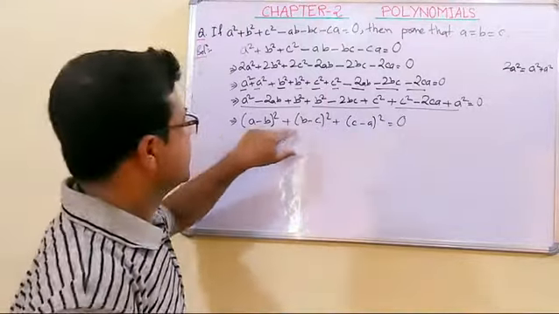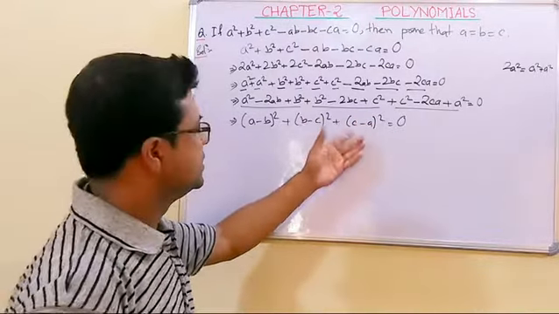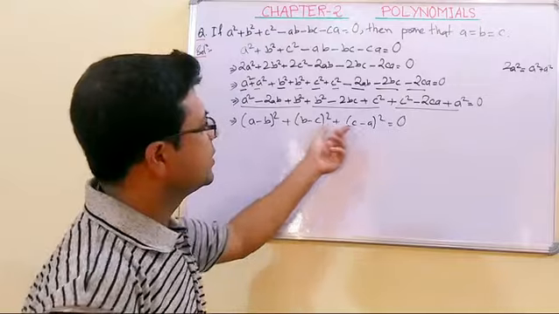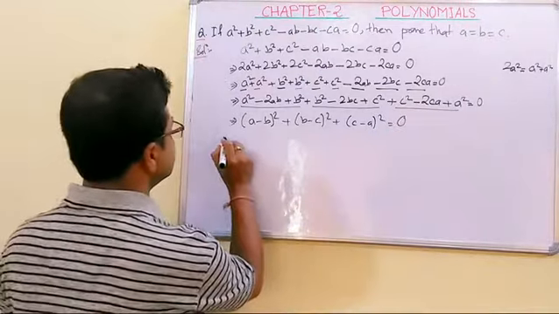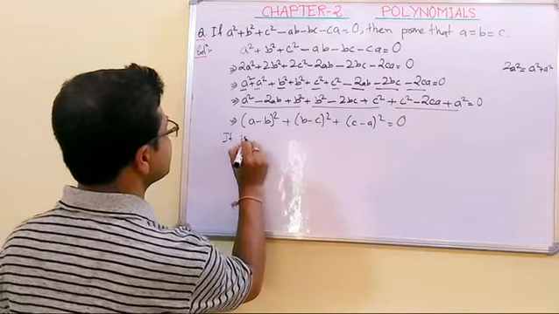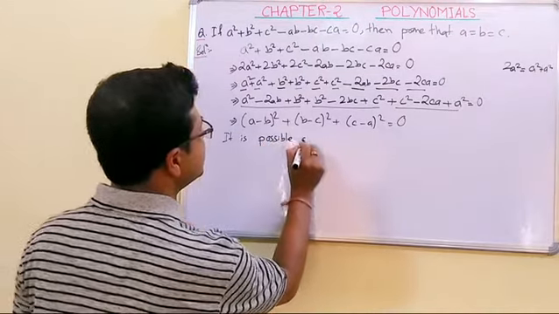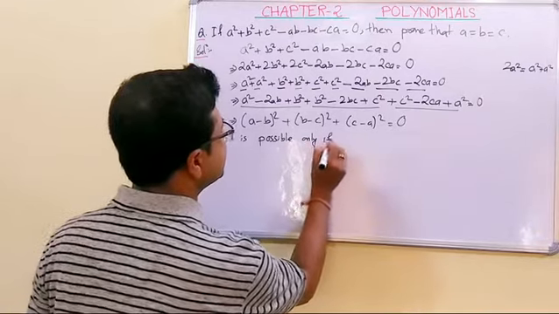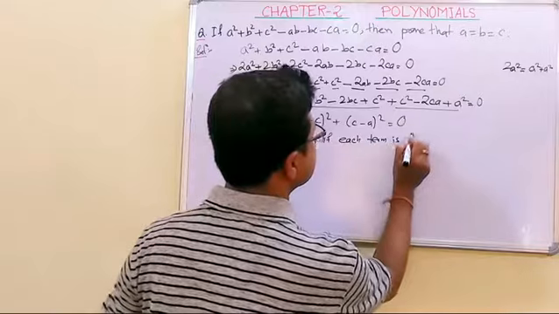Minus 1 square, minus 2 square, whatever number you consider except 0, the sum cannot be 0. So this is possible only if each term is 0.